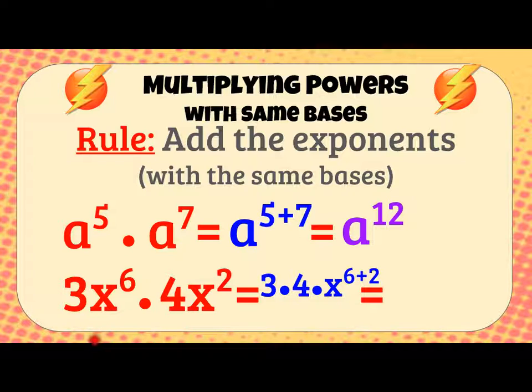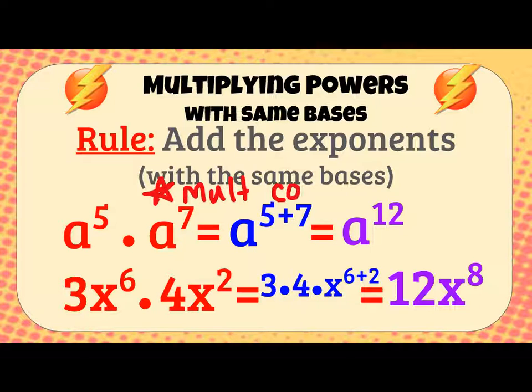So 3 times 4 gives me 12, and then x to the 8th power by adding the 6 x's and the 2 x's together. So really, we should add the exponents, and then we should maybe make a note up here in the rule, multiply coefficients, so that you have it in your notes. Multiply coefficients as well.